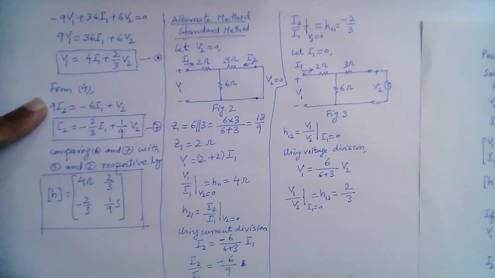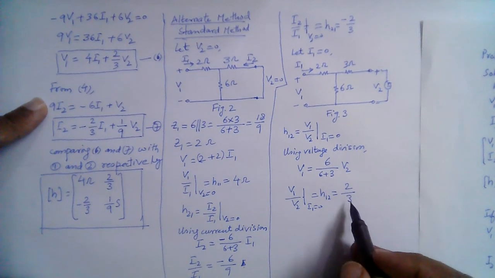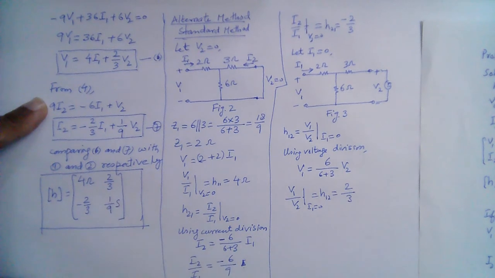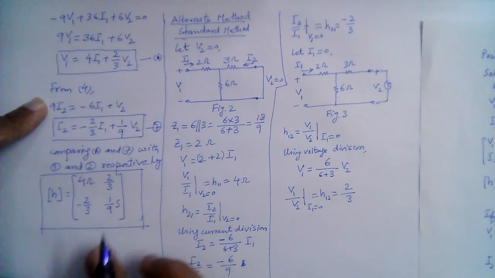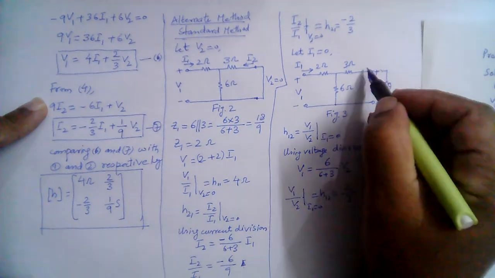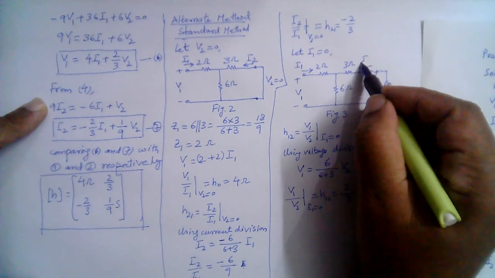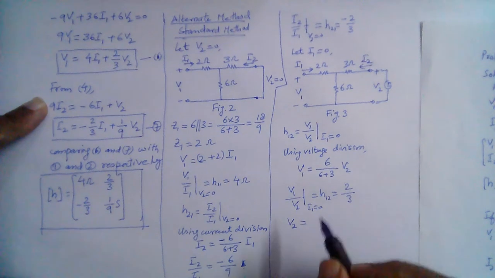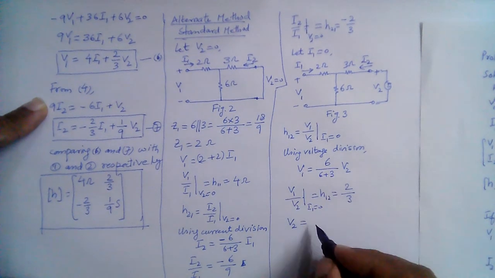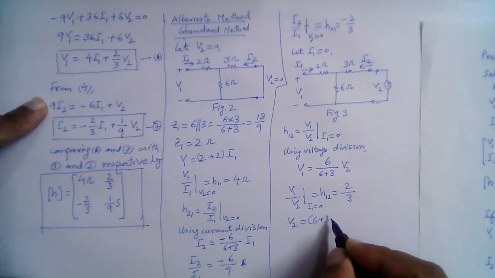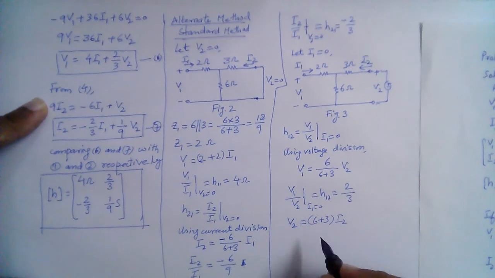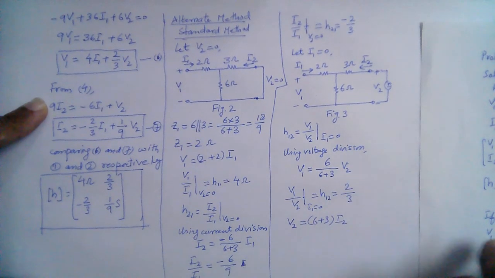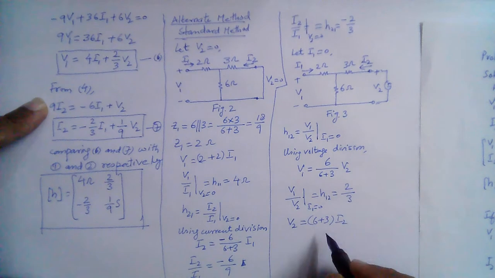So we have found the third parameter as well, and to find the last parameter H22, we see that this is current I2. So we see that V2 is equal to 6 plus 3 into I2.